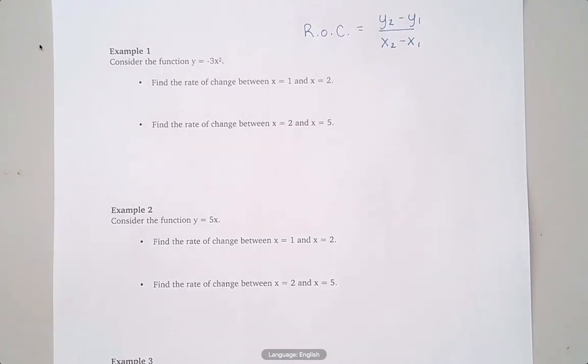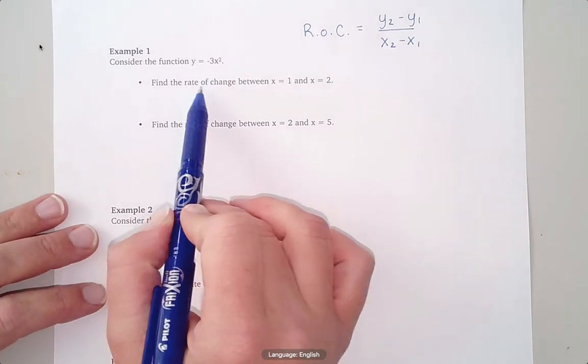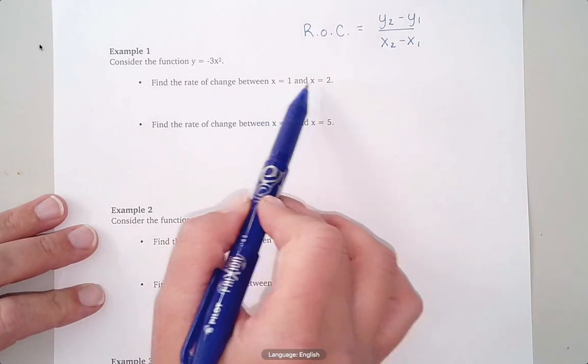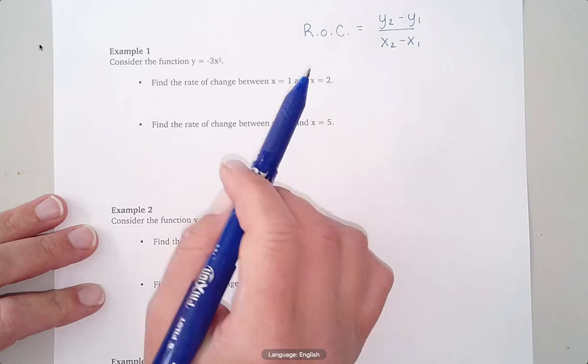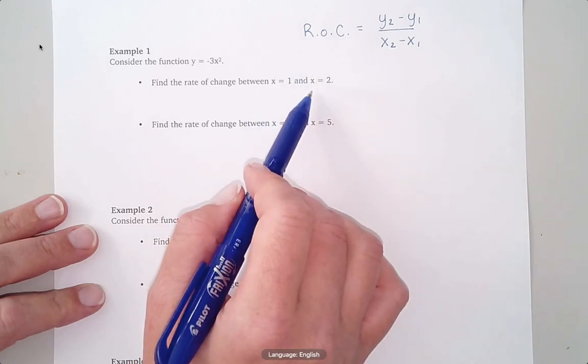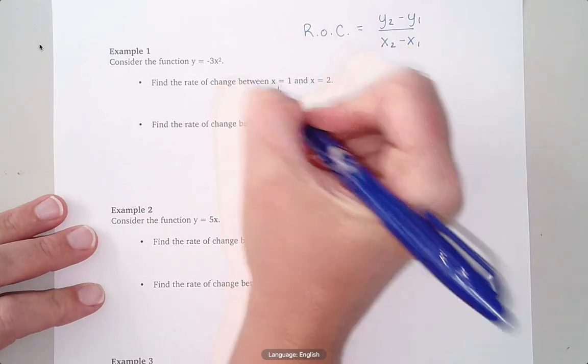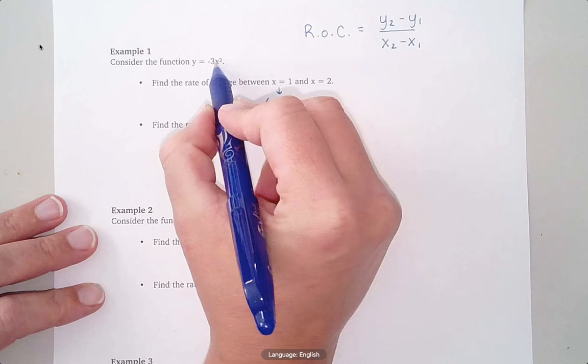So looking at this first one, to find the rate of change between x equals 1 and x equals 2, or really anywhere, the first thing we need is coordinates. We have x's for our coordinates, but we don't have y's. So I need to turn each one of these into an xy coordinate by plugging 1 into the equation here.